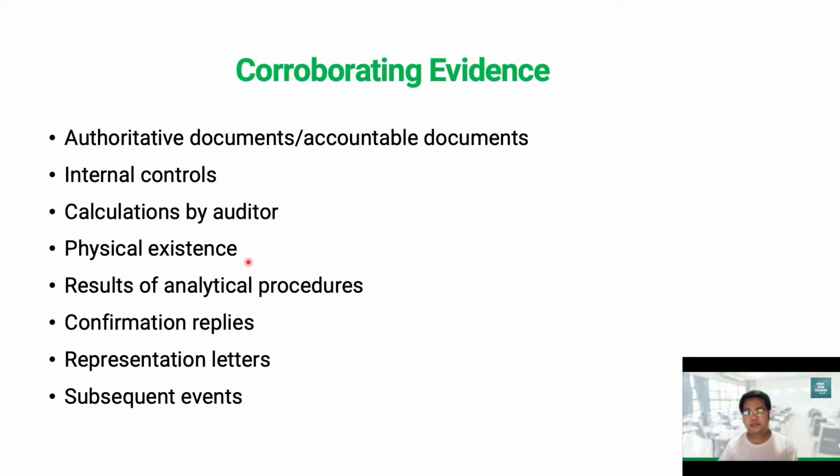For example, if the client presented the PPE, or property, plant, and equipment, in their financial statements, it will normally be supported by a subsidiary ledger, which also includes information about the title over that property, and that is already supported by a source document, which is the title.